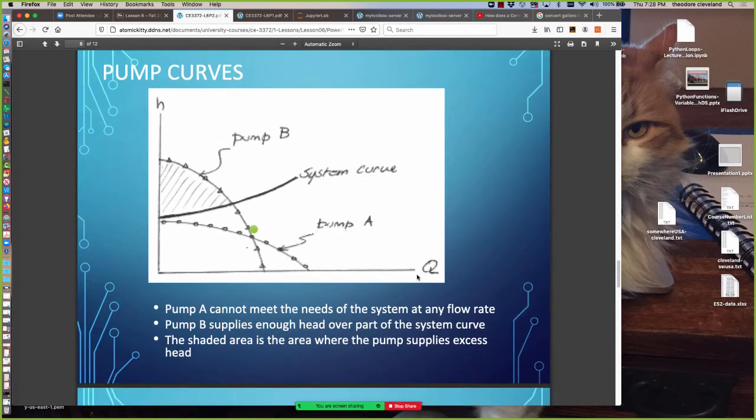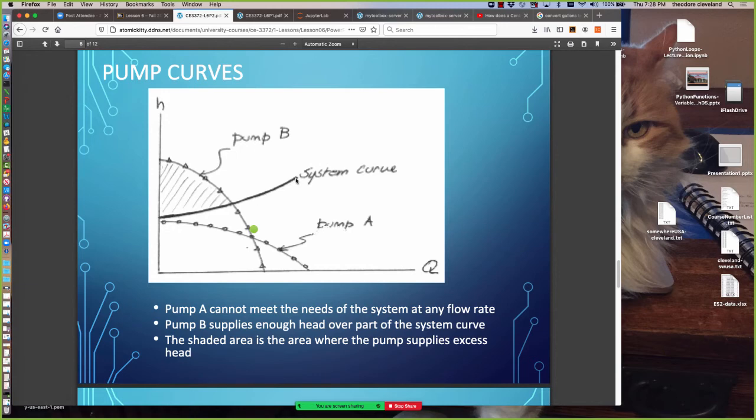So the pump curves themselves then get superimposed onto the system curve on the same axes. So the Q-axis and the H-axis have to have the same units and scale. And on this diagram, we have two pumps, pump A and pump B. The system curve appears as this solid line curving up.